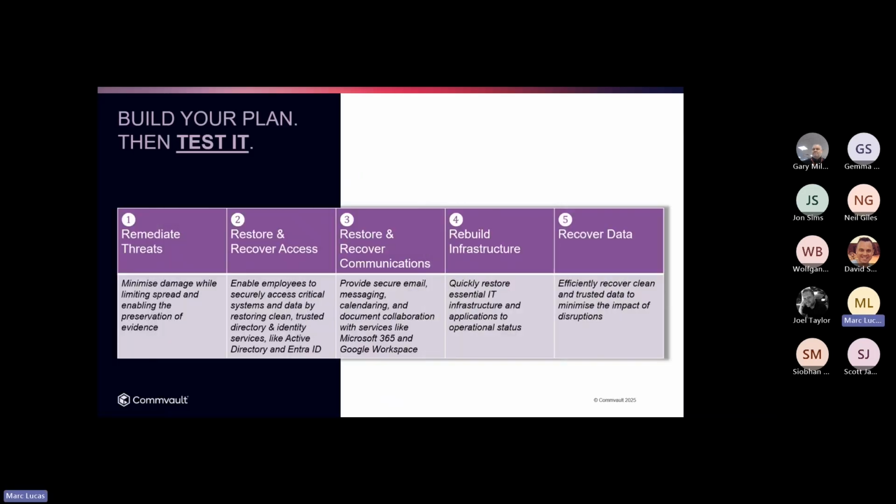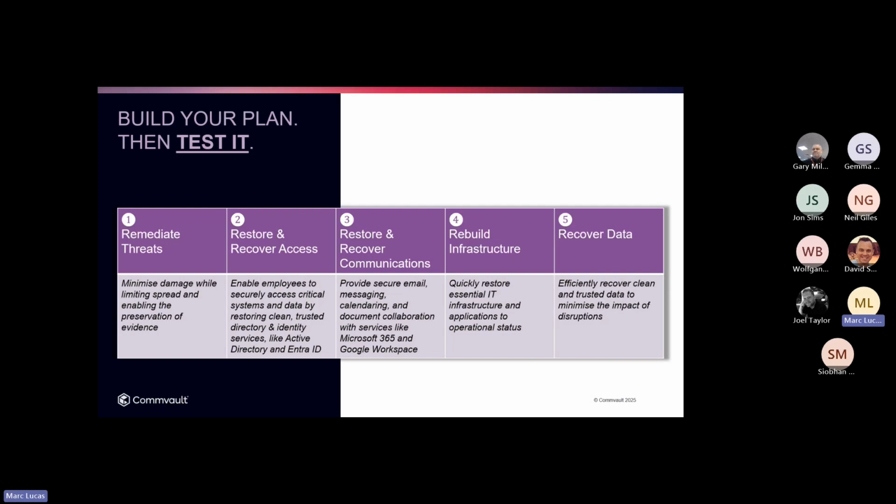And then all of those stages will lead to this, a plan that they can test and that they can trust, that they know is going to hit all of the 5 points that you can see here. And this is almost like a run book, especially stages 3, 4, and 5, because you need to be able to recover your data. But obviously stage 2 is about identity, things like Active Directory and Entra ID.